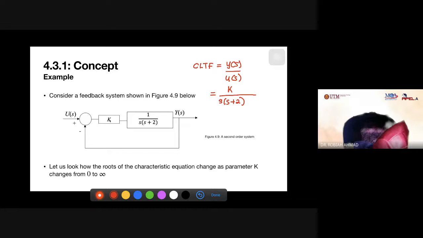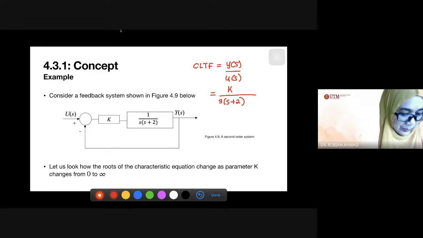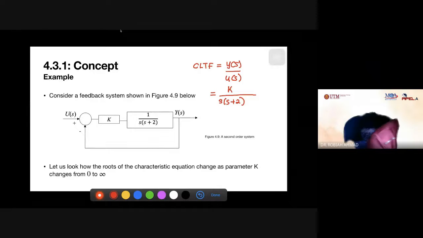No, I need the closed loop transfer function first. Macam ni betul ke? What about others? You belajar block diagram manipulation kan last time? Plus K at the denominator. Plus K. Betul? Macam mana dapat macam itu? Okay, kalau kita buat slow-slow lah, if I do it one by one, yang cara lambat punya.